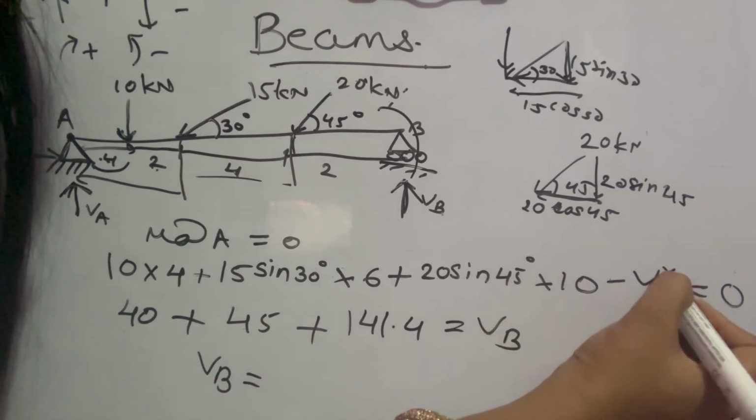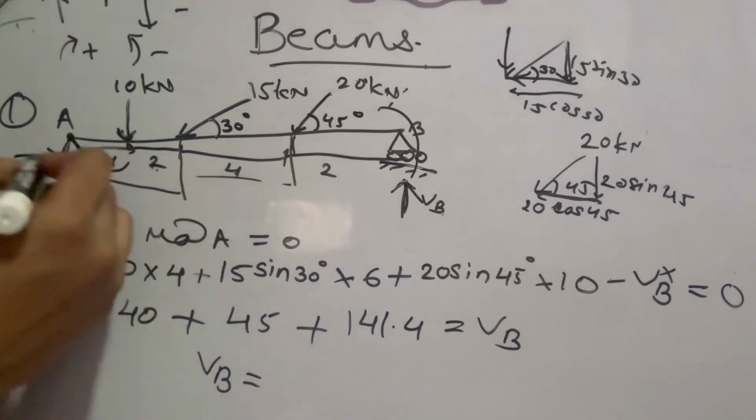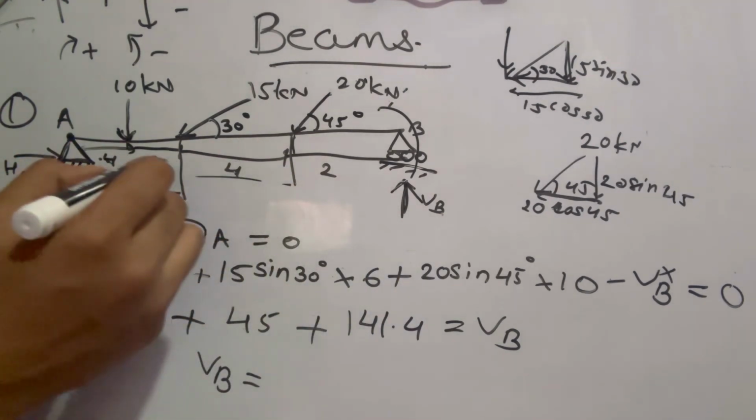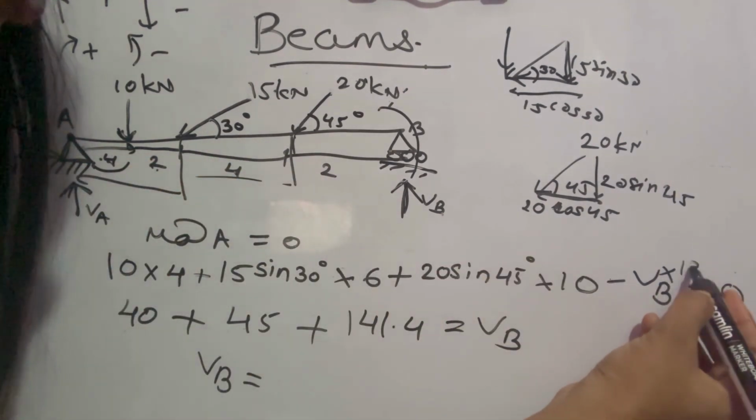VB into what is the distance I have not taken. From here to here, what is the distance? 4 plus 4 is 8, and this comes to 12.